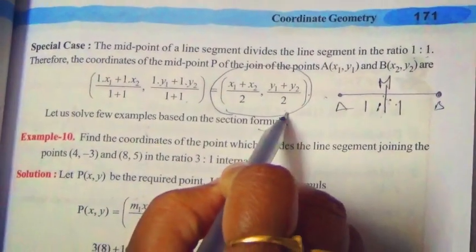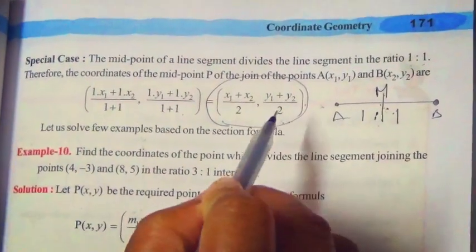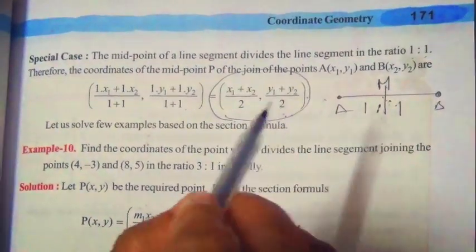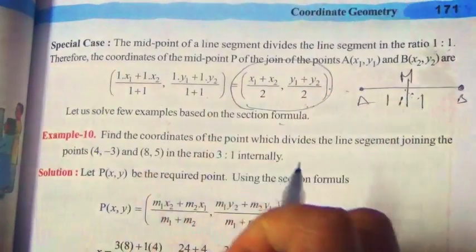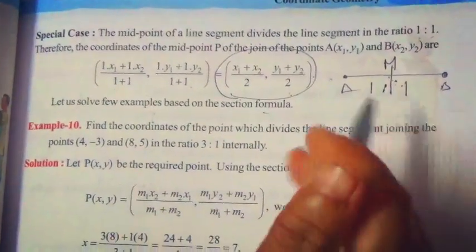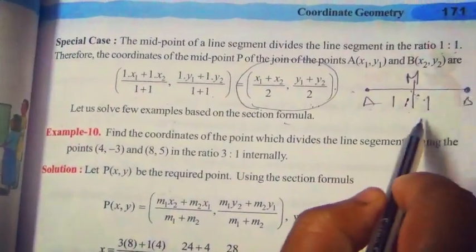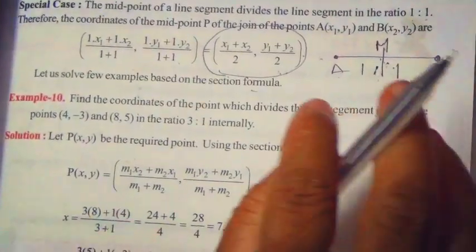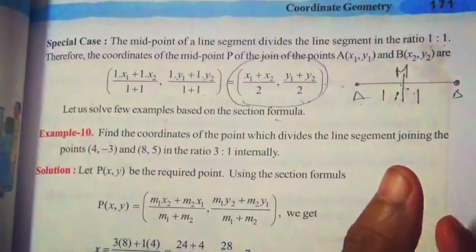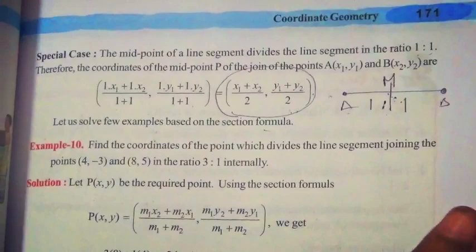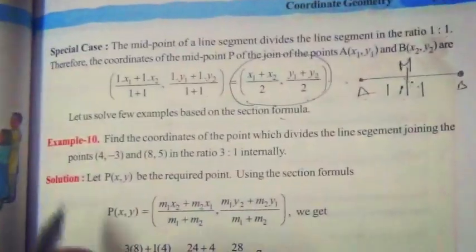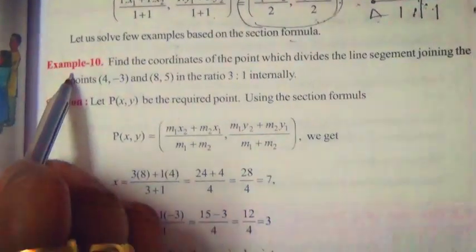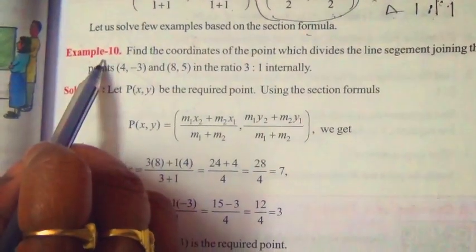This midpoint formula is a special case of the section formula. When the line segment AB is divided in an equal ratio, then we get the midpoint formula from the section formula. Okay, so now I'll explain example 10.